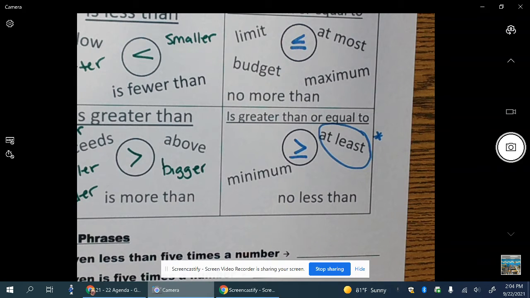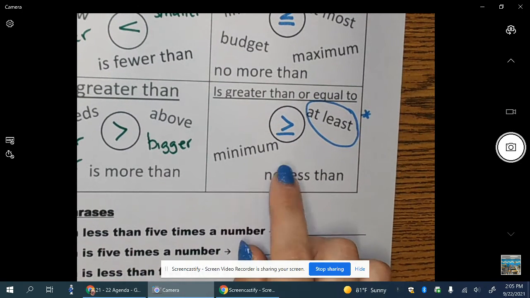Minimum. You have to have a minimum of 70 in all your classes to be eligible to play sports. What does that mean? Has to be higher than 70 or exactly 70. Clay? So does that mean they use it at least once? You're going to see it at least once on the STAR test. Yes. Okay.